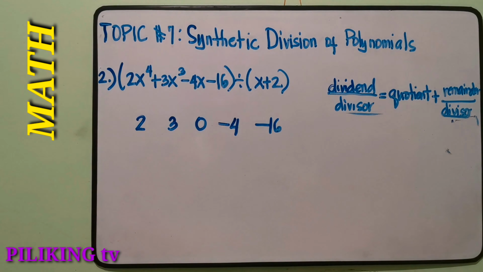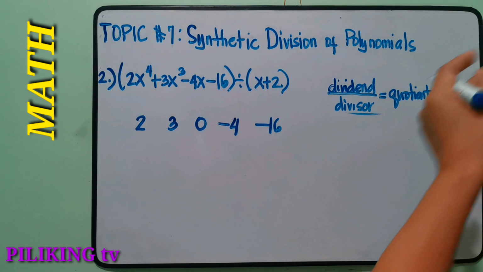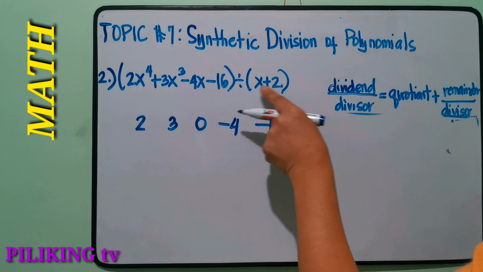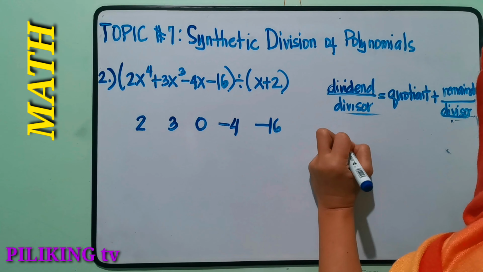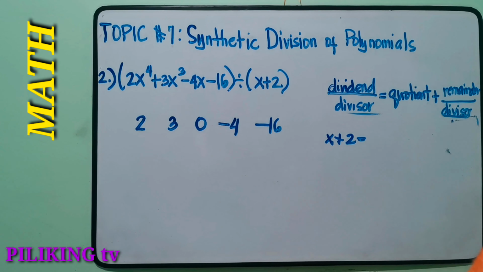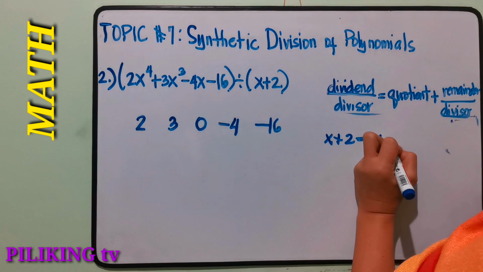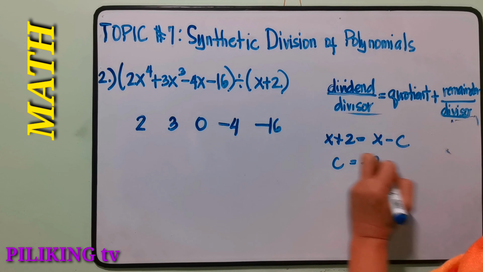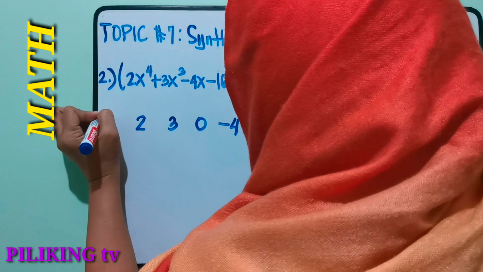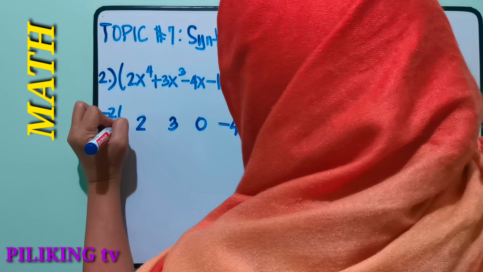Let us get the test 0, and write it at the left side. Since we have x plus 2, how do we get c? We have x plus 2 is equal to x minus c. Therefore, c is equal to negative 2. So you will write here negative 2.